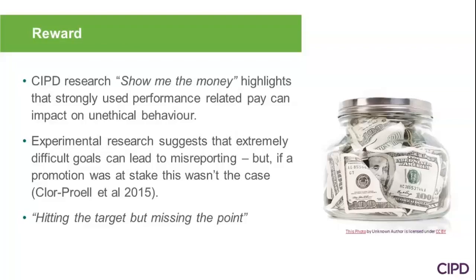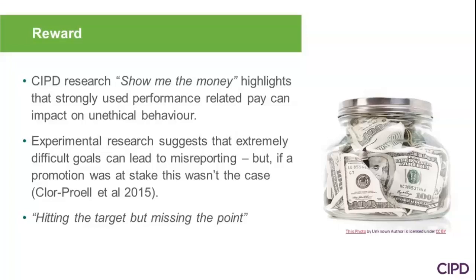And the same with reward as well. So we've done research into the impact of reward previously, which is called Show Me the Money, which is a really interesting read, which is all about the impact of reward and targets on people's behaviour at work. And there's some evidence to suggest that strongly used performance-related pay and really high and difficult to reach targets can have an impact on unethical behaviour.